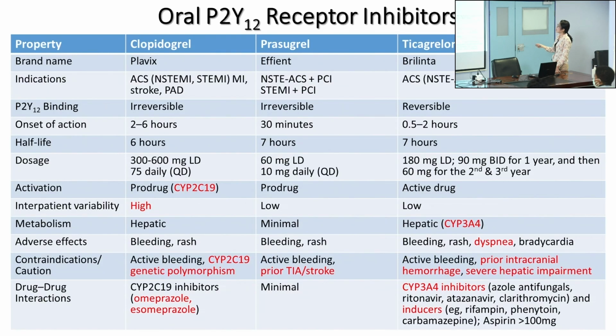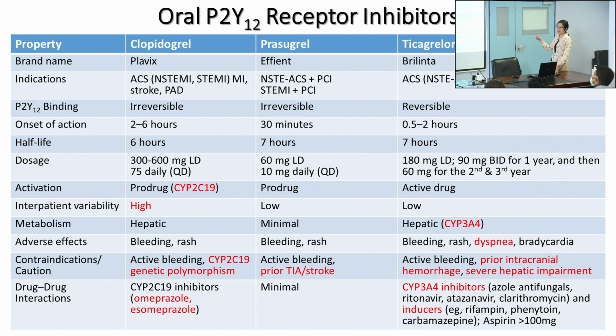Okay, and so these drugs are also quite important. They are the oral P2Y12 receptor inhibitors. Okay, clopidogrel is here. And aside from clopidogrel, we also have prasugrel and ticagrelor. These drugs are quite expensive because many of them are still under patent protection.